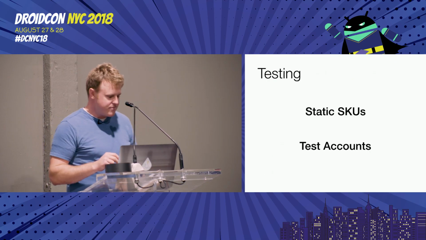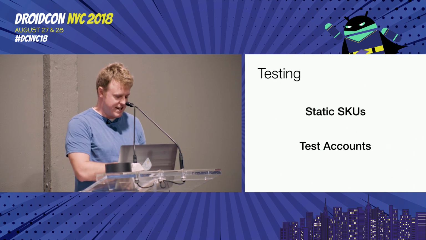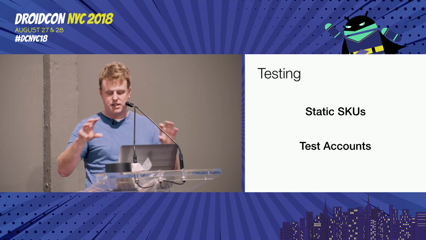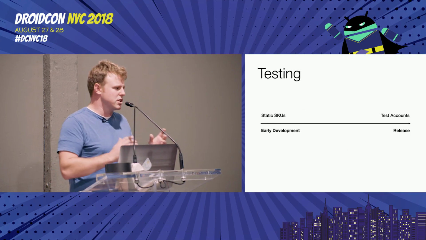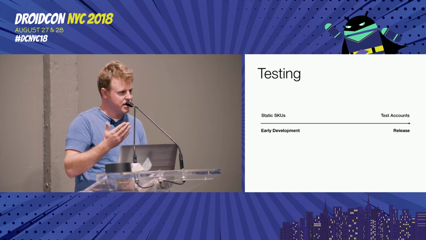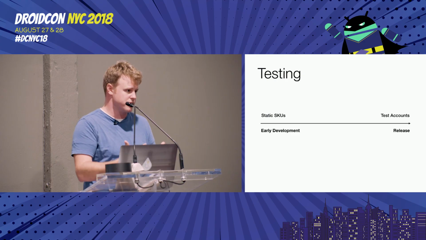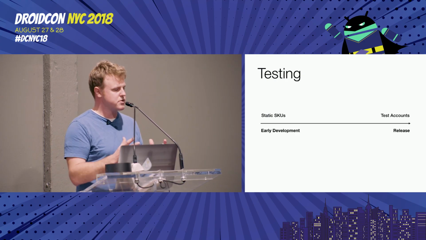So those are the 2 testing solutions that Google has offered us, static SKUs and test accounts. And the way that I see it, these sort of fit into 2 buckets. Static SKUs, as I mentioned before, are really useful in early development. When I hit that button and it pops up the dialog, which means the activity the user was on is going to pause and then resume and it might be stopped depending on the memory state of the device, that sort of thing.